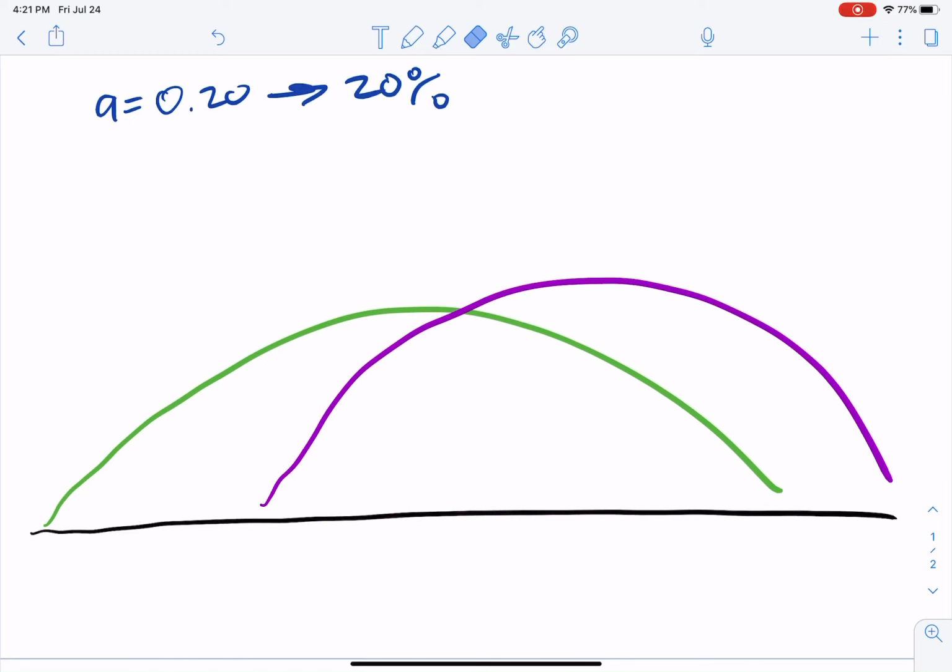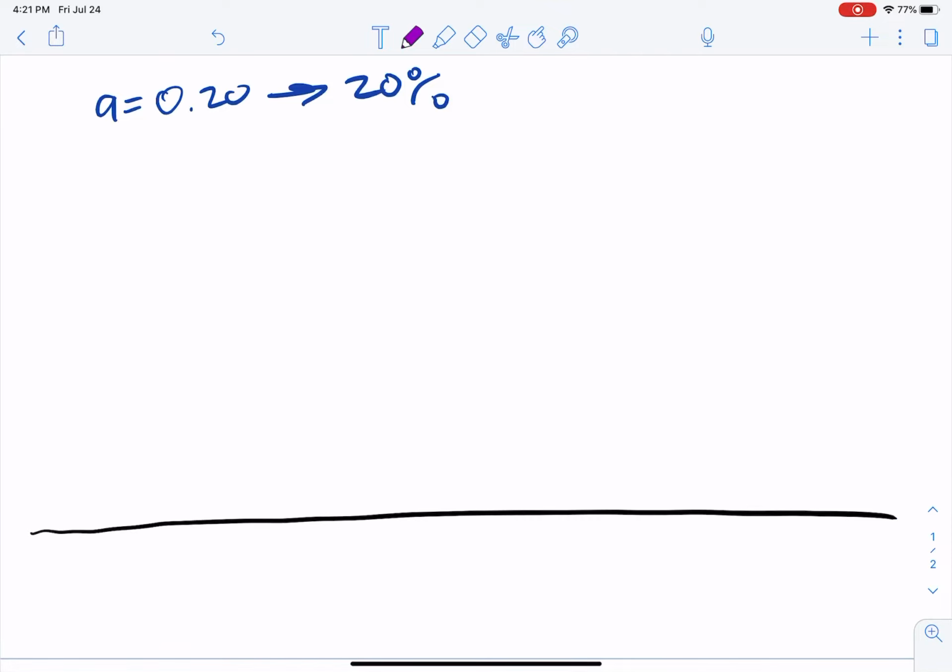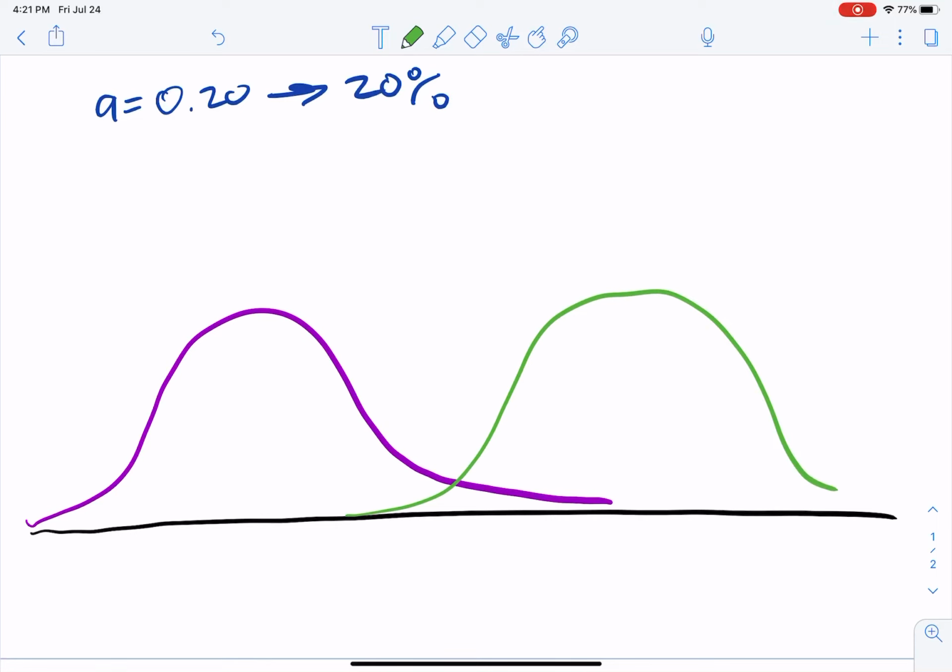But then if we have two distributions that look like this, where the mean is right about in the same place, but the variance is a lot lower, well then we are able to more starkly see the difference. And we're more likely to, based on a sample, see that. Okay, so that's the general idea.